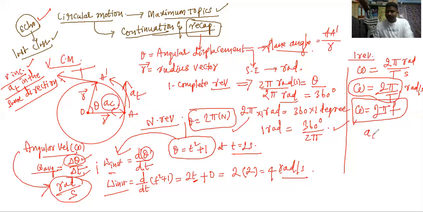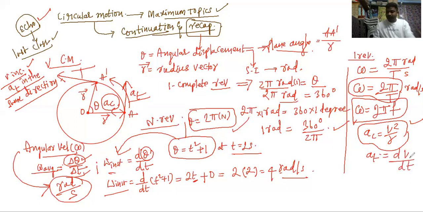Centripetal acceleration is equal to v square by r. This is from the lower classes you might have learned. Now, tangential acceleration, that is the most important thing. Tangential acceleration a_t is equal to dv by dt.